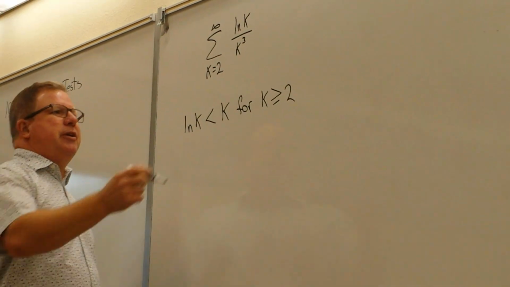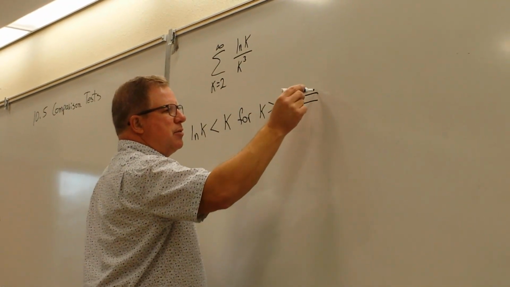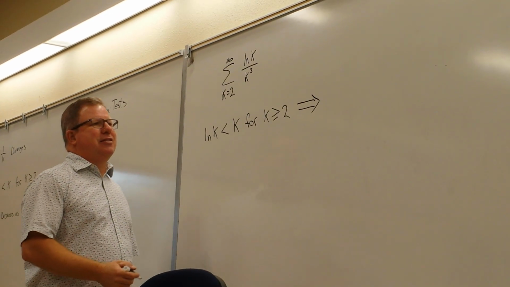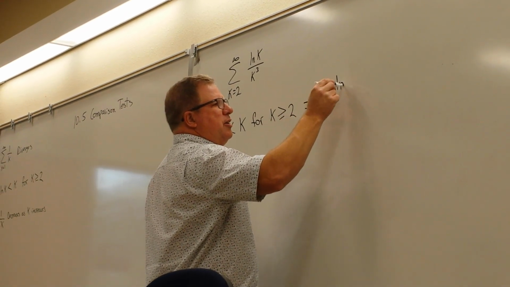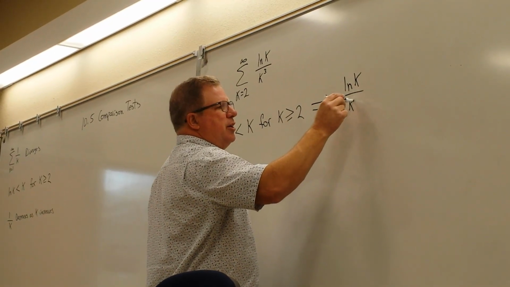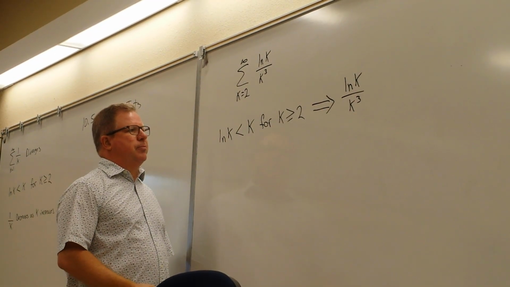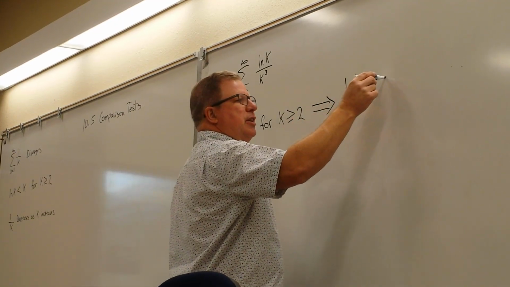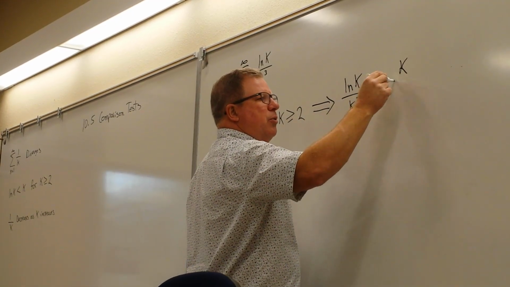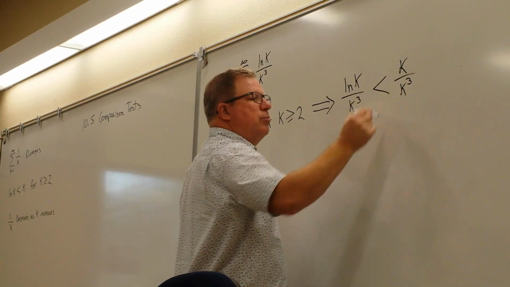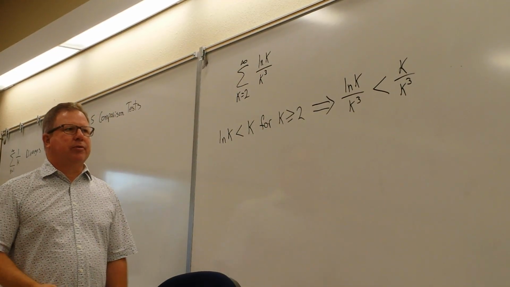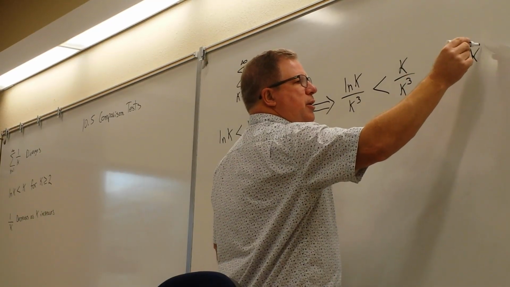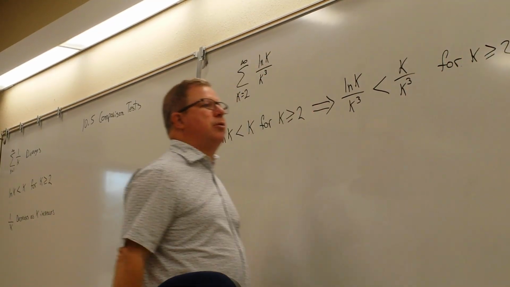This implies that ln k over k cubed is less than k over k cubed for k greater than or equal to 2.